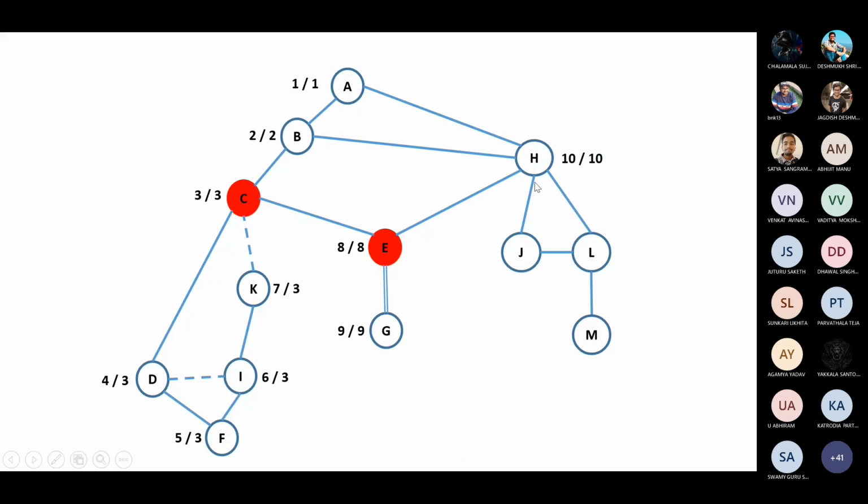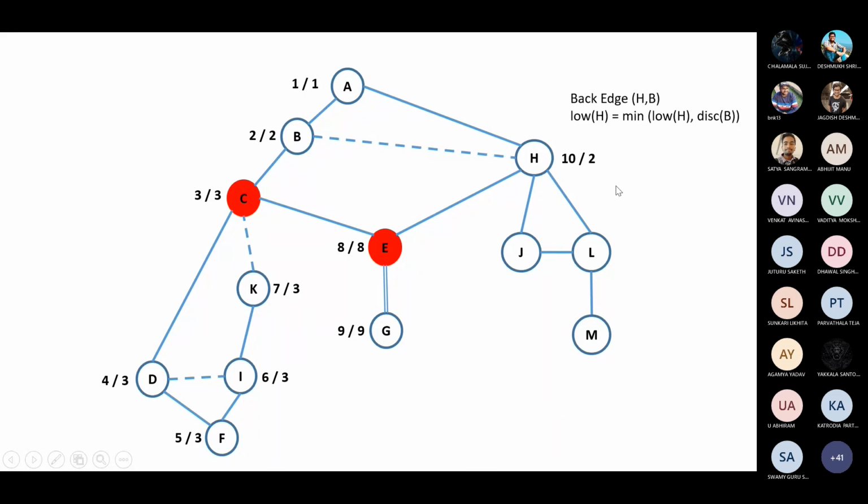10-10, then after 10-10, H also explores, which is a back edge. So its low value will be the minimum of discovery value of B and low value of H. So that is 2.